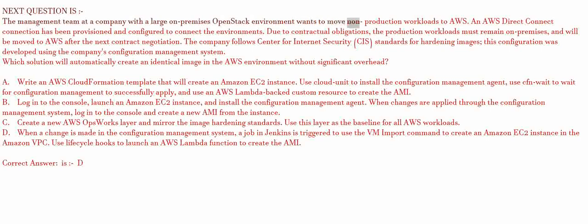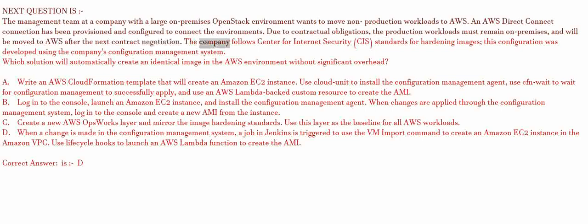Next question is: the management team at a company with a large on-premises OpenStack environment wants to move non-production workloads to AWS. An AWS Direct Connect connection has been provisioned and configured to connect the environments. Due to contractual obligations, the production workloads must remain on-premises, and will be moved to AWS after the next contract negotiation.